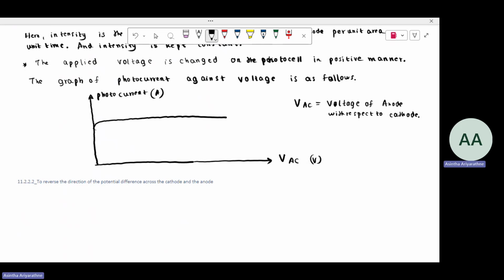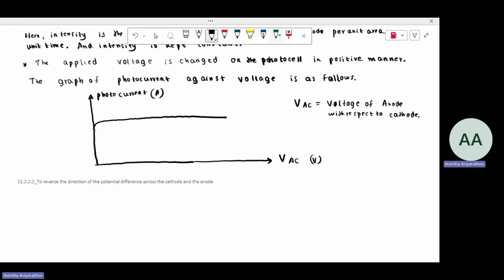Normally, for a passive resistor, when voltage is increased, the current increases. But here that doesn't happen. When voltage across the photocell is increased, nothing happens to the photocurrent.